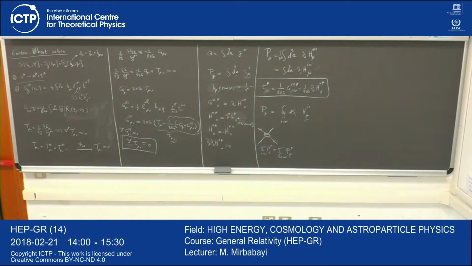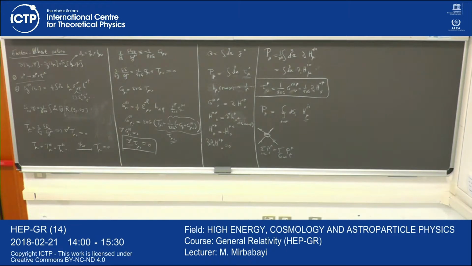Yeah, I guess I still don't understand the question. Why don't we work out the G mu nu itself to see its properties instead of working with the properties of linear terms or first order terms?